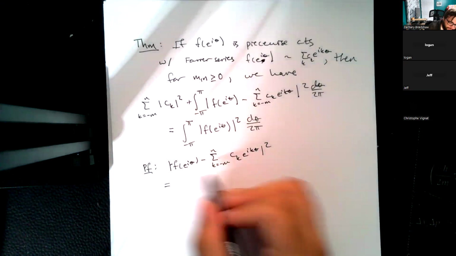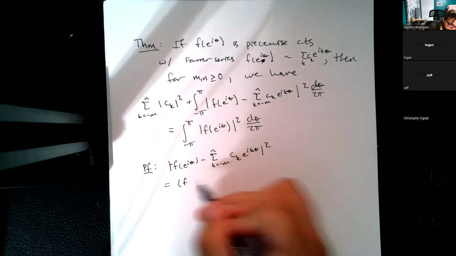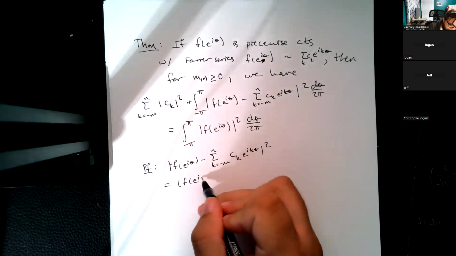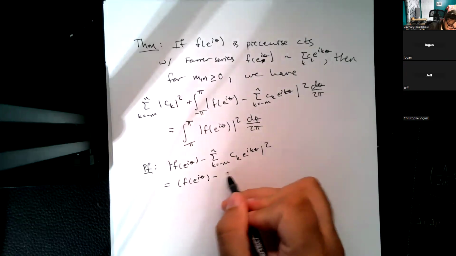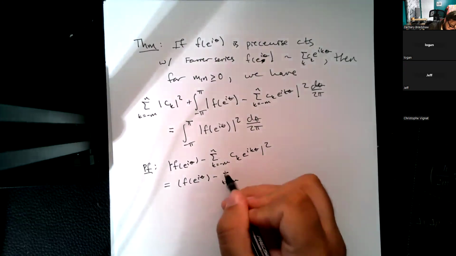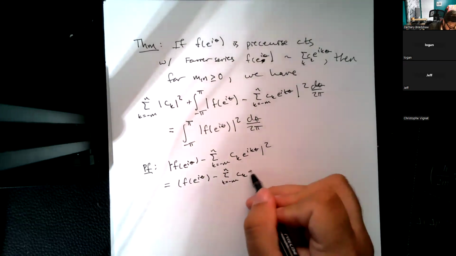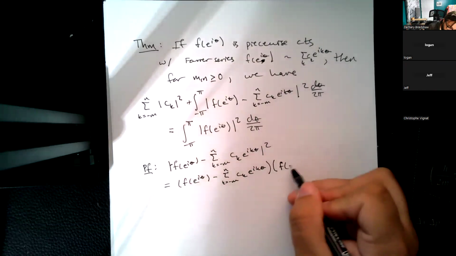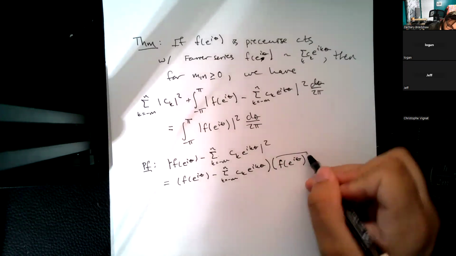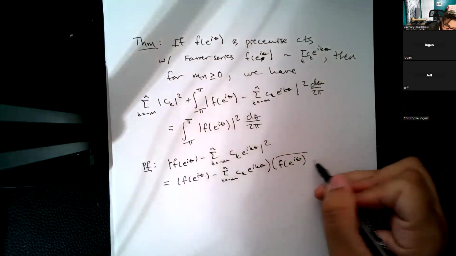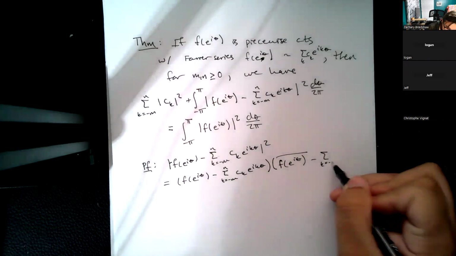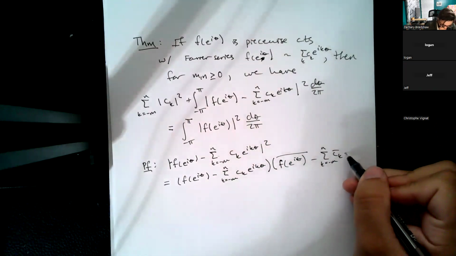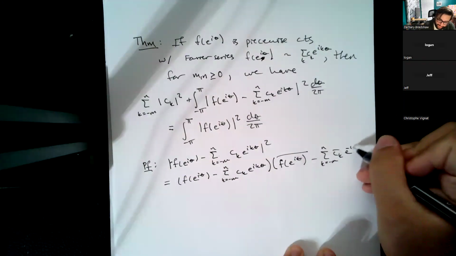So the modulus squared is equal to the number inside the modulus times its complex conjugate, which I'll denote with the overbar. So this is c_k bar, and now e to the minus i k theta.